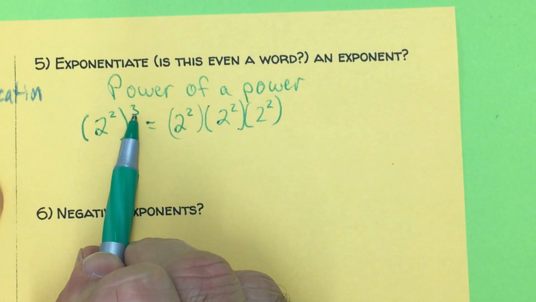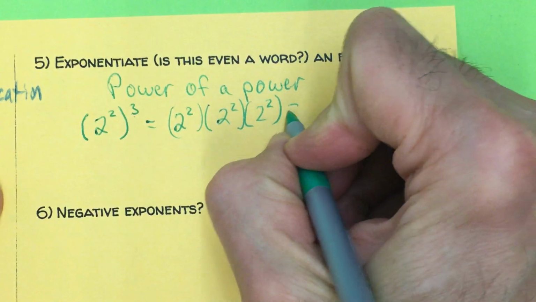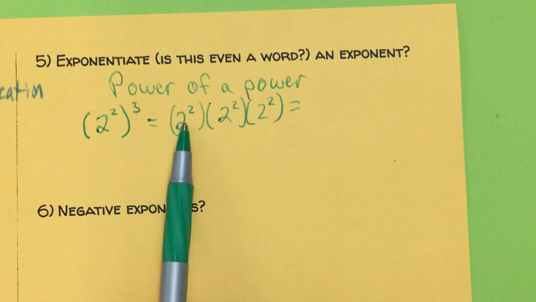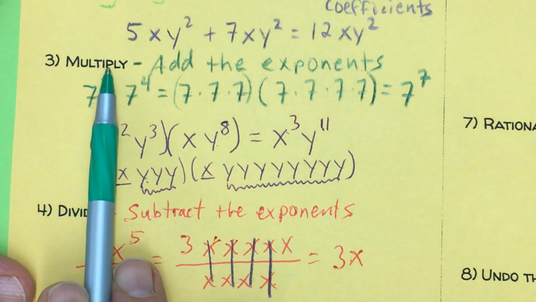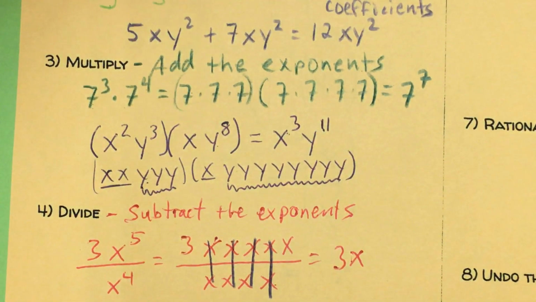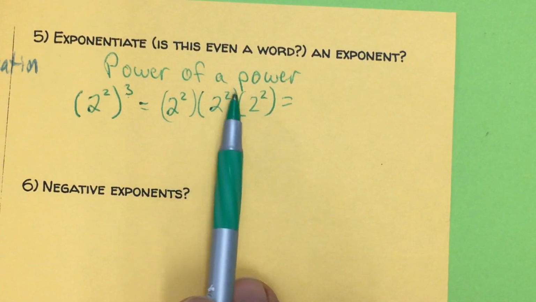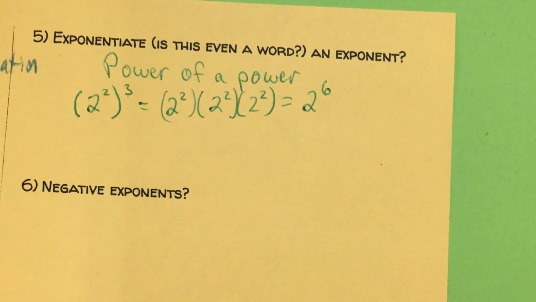I got 3 of these. 1, 2, 3. Well, if I'm multiplying the same base, I'm adding the exponents. 2 to the 6th power.